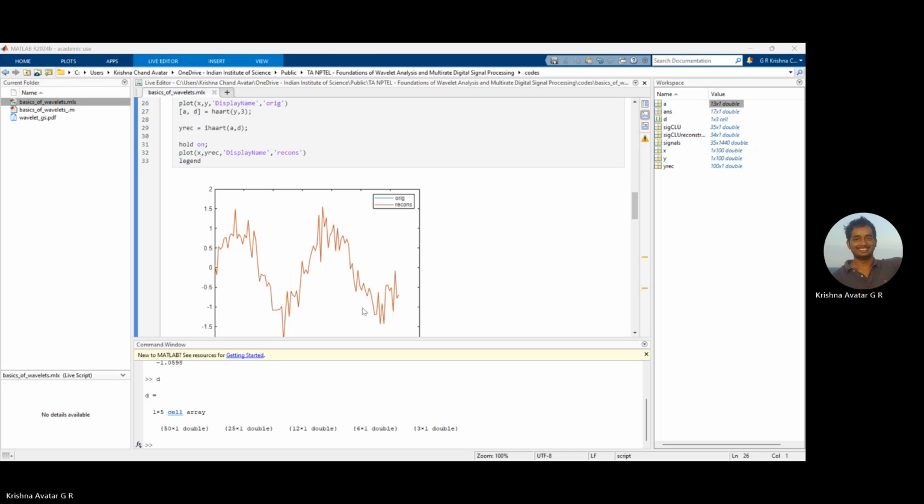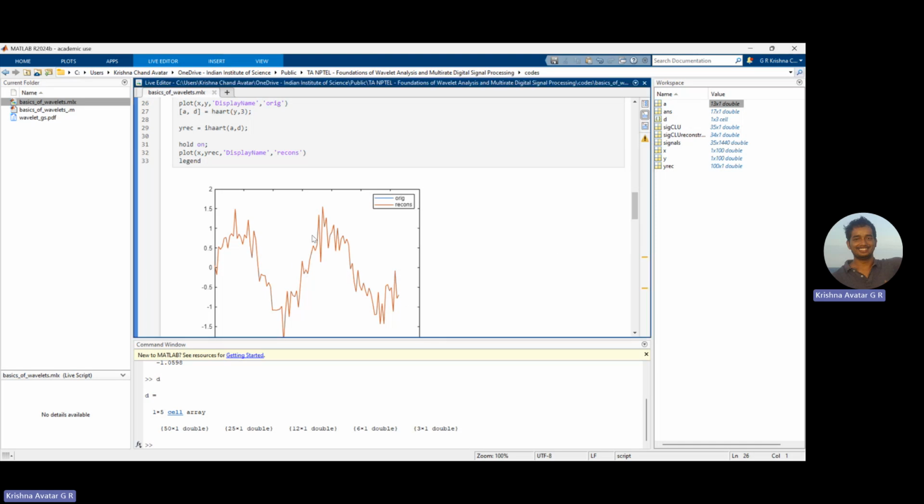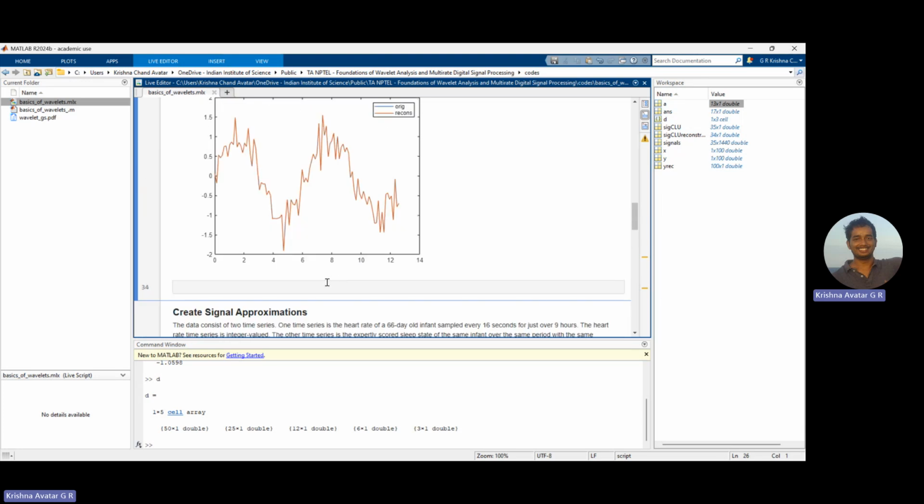Specified level. Okay, so it's not something we expect. Level implies something else, not what we would believe it to be, right? So anyway, I'll get back to you in the next session about this.